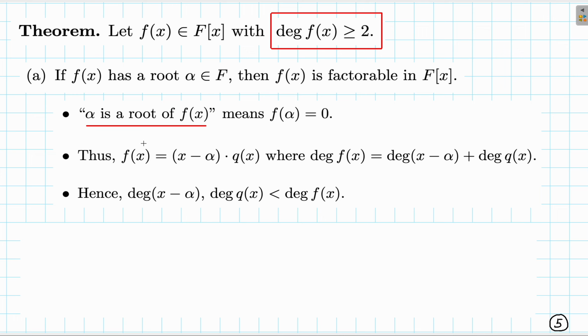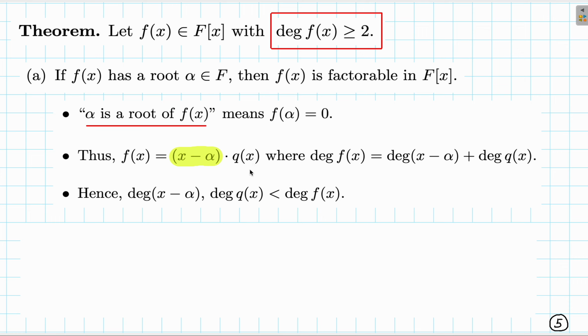So when you substitute alpha in for x, we get the value of 0. Then by the factor theorem from the previous lesson, we know that x - alpha is a factor of f(x). In other words, f(x) has a factorization x - alpha times another polynomial q(x).